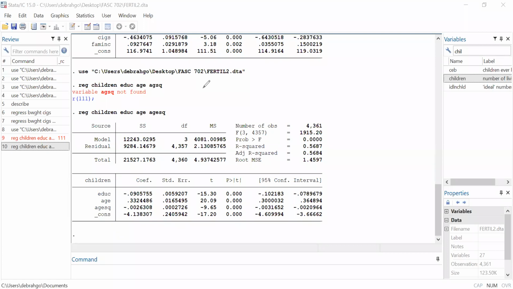A woman that goes to school one more year will have 0.09 fewer children. 0.09 fewer child is not interesting to say. How can you present statistics to people as 0.09 fewer child? They don't know how to appreciate that. That's why the question went ahead to ask you this.